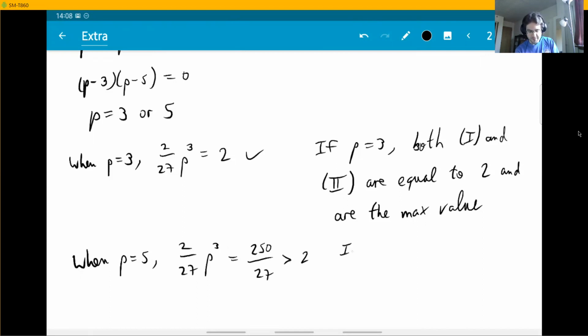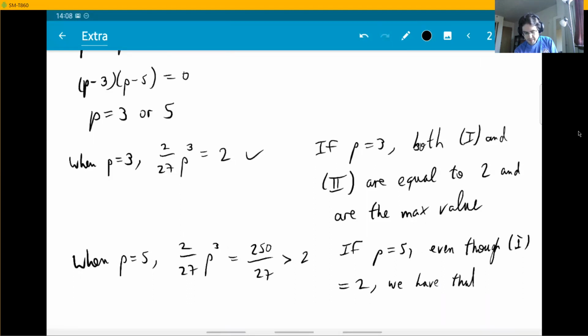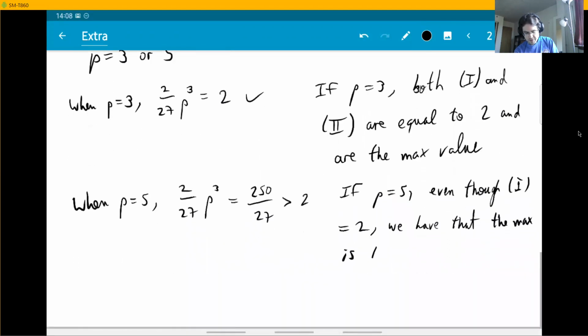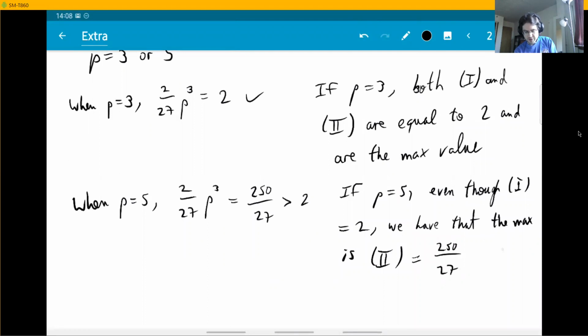So if p is 5, even though the first expression, 1, is equal to 2, the max is the second expression, actually, which is equal to 250 over 27, much larger than 2. So that's not good for you. In this case, p equals 5, the max is not going to be 2.